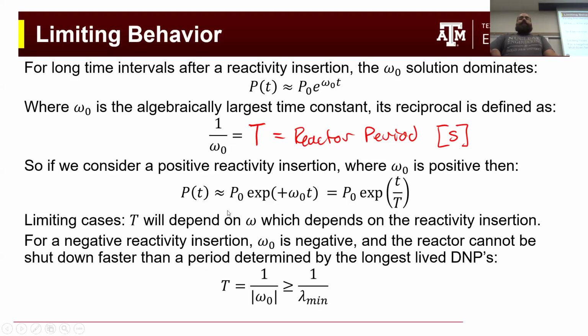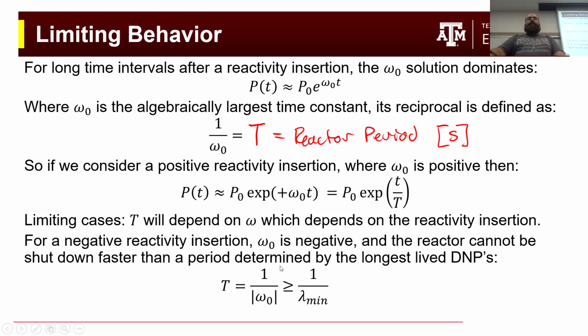So instead of writing our solution in terms of omega zero, we could write it in terms of the reactor period. And then we can talk about a limiting case, which is that omega zero is going to depend on the decay constant for group one.